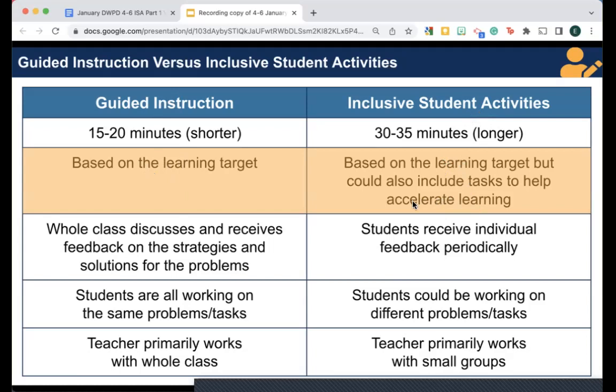It doesn't mean enrich. I mean, you can do enrichment during ISA, but when I say accelerate learning right here, I actually mean support students with prerequisite skills. Think about what prior knowledge can I beef up that will help accelerate them toward the learning target. We don't really do that as much in guided instruction. We do a lot of it during ISA.